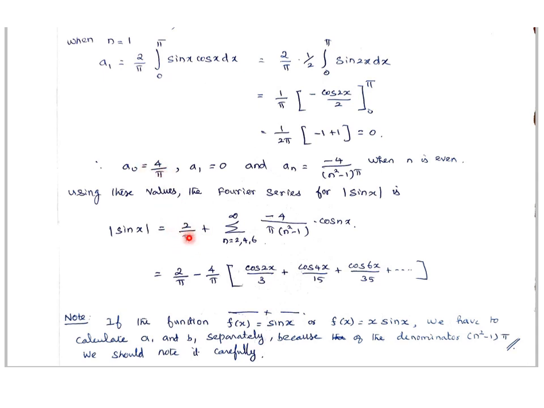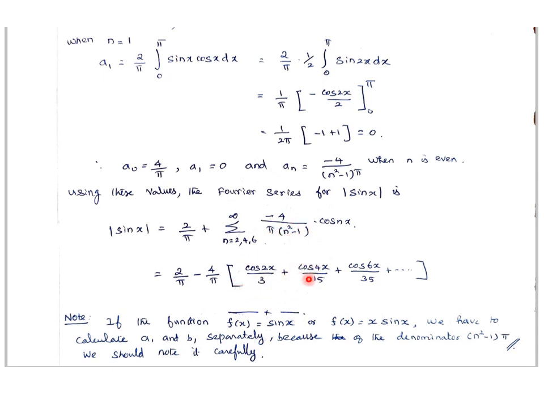Substituting, we can get 2 by pi plus an, for the even numbers, that is n equal to 2, 4, 6, etc. up to infinity, it will become as minus 4 divided by pi into n square minus 1 into cos nx. After substituting the values for n and expanding, we can get 2 divided by pi minus 4 by pi into cos 2x by 3.